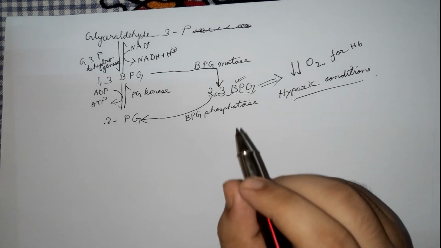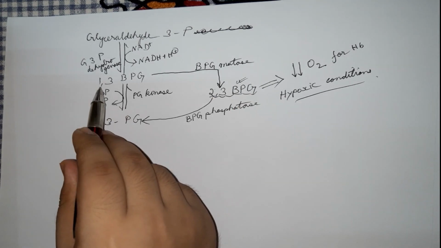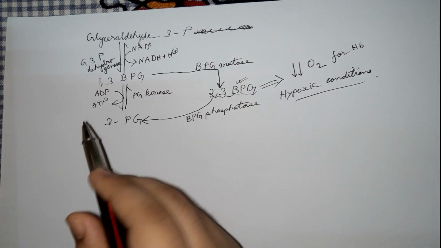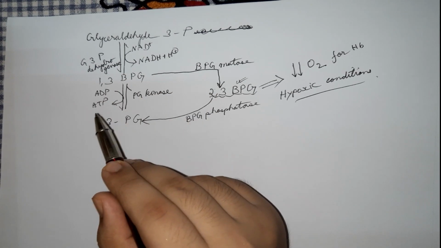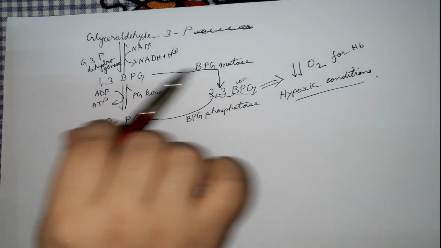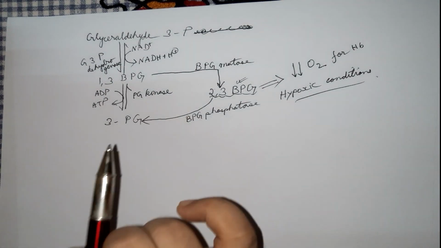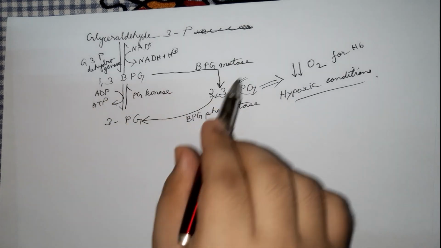Thus, that is how 2,3-BPG is produced. It is produced from this pathway, or this, you may say, shunt. Why is this a shunt? Because this was the normal pathway, and now you're shunting 1,3-BPG not by the normal but by a bypass pathway.